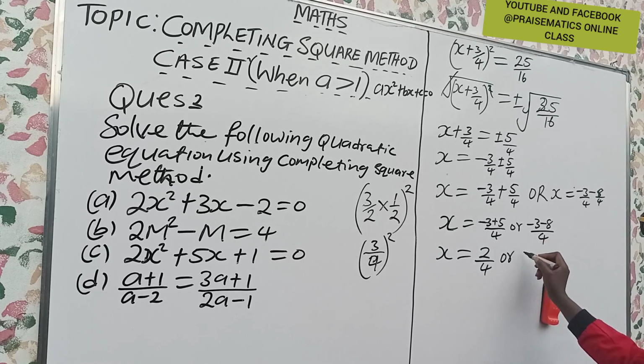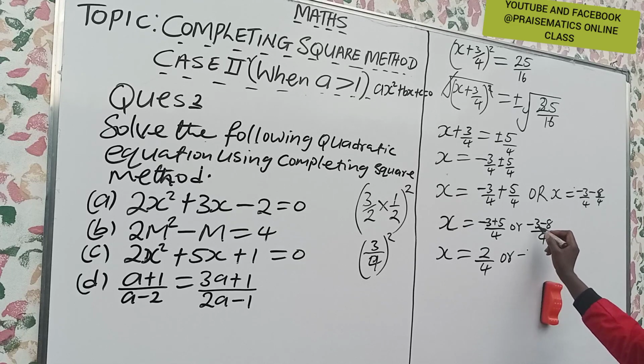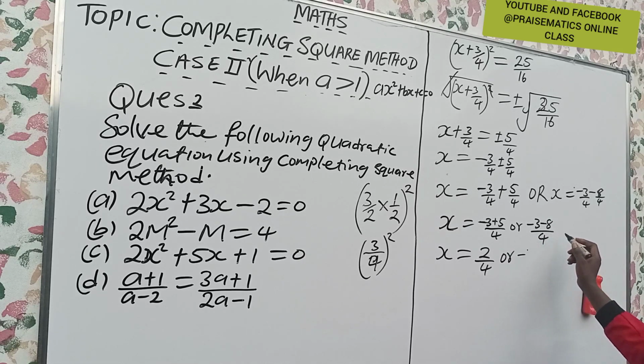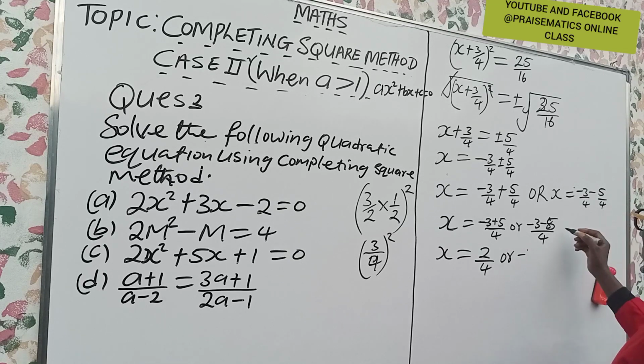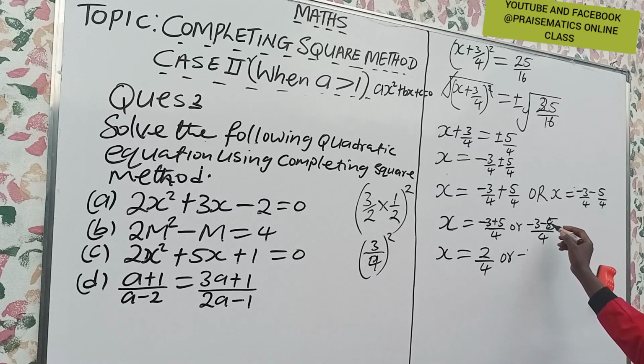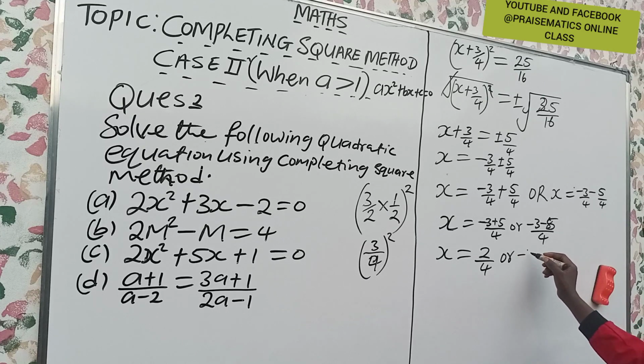Or minus 3 minus 5 will give us what? Minus 8 over 4.